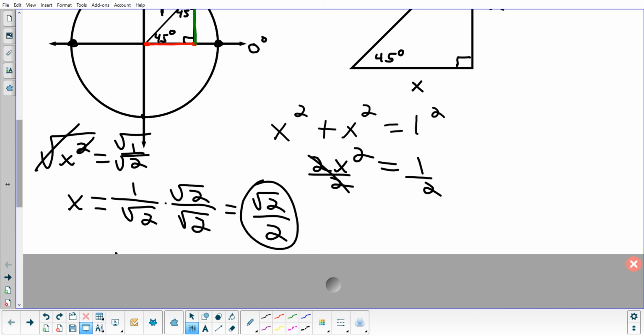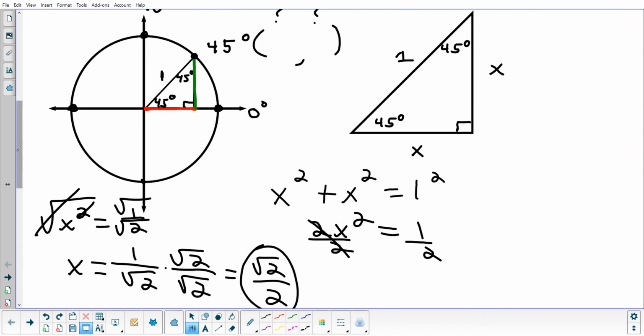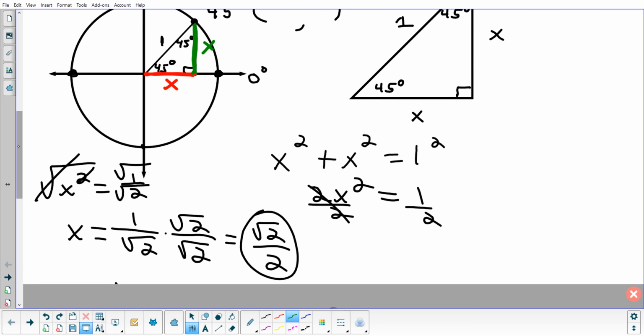So using the Pythagorean theorem, we solved for this length, which we called x, and we solved for this height, which we know is the same thing because it's an isosceles triangle.